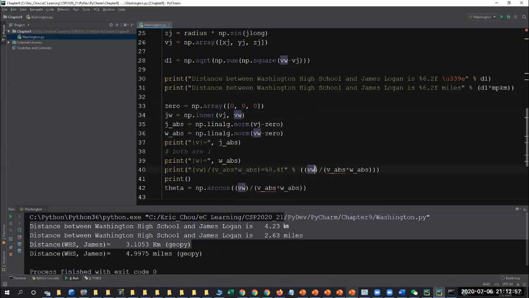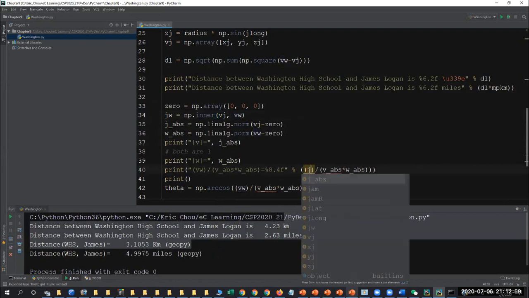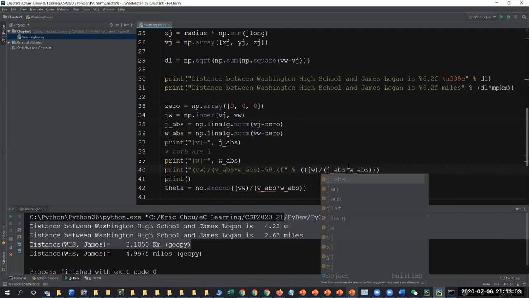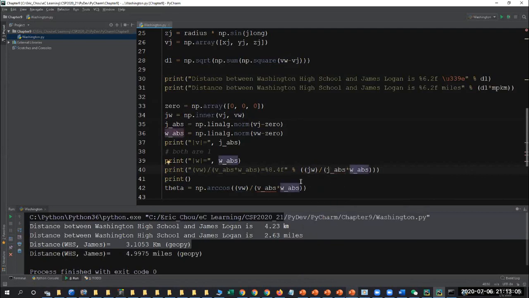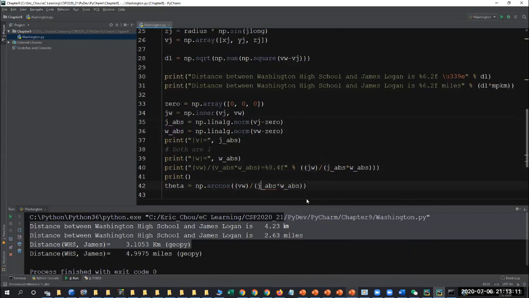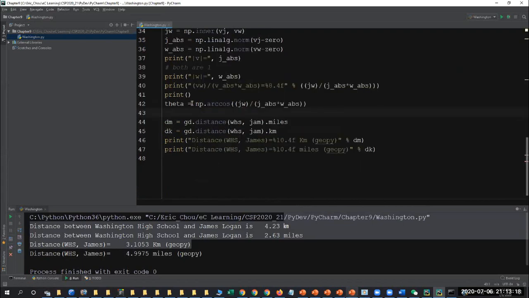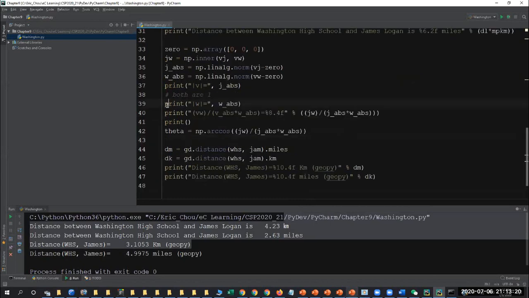And then we have here Jw, and then J absolute times W absolute. Here we have Jw. So eventually we got some sort of theta, okay? And this is a printing command, so let's remove it.